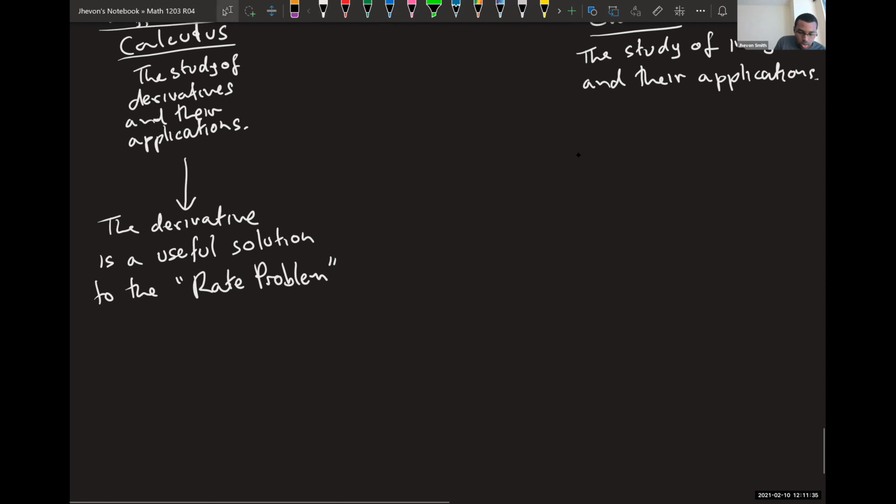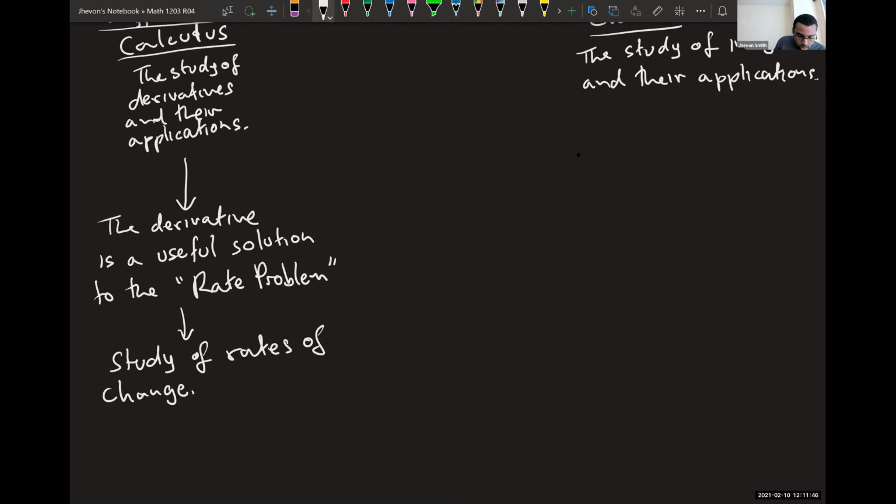So essentially, this is the study of rates of change. How fast do things change?